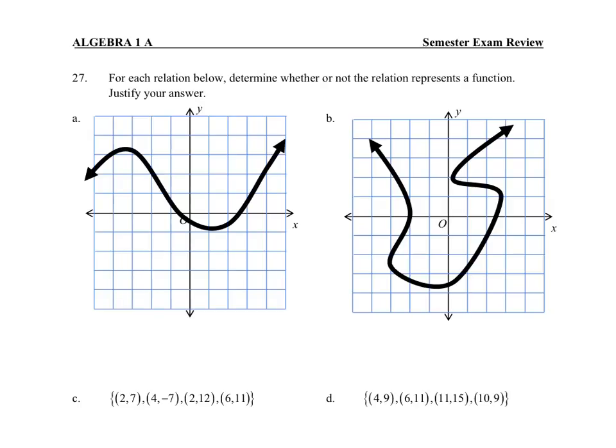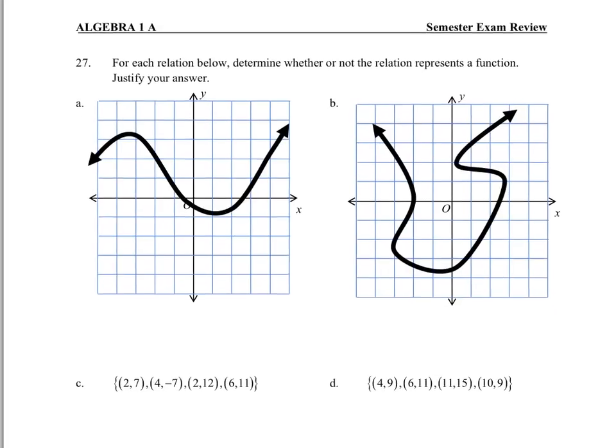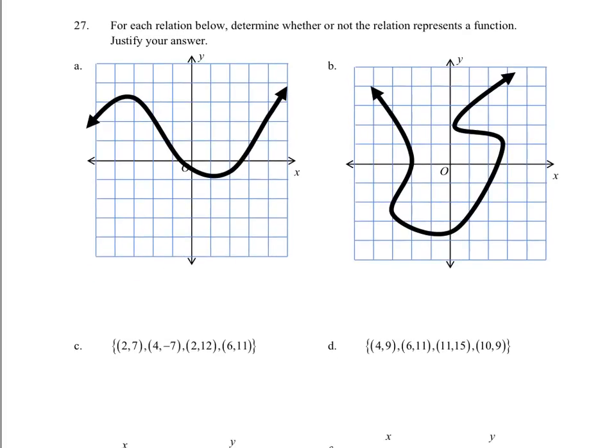27 says, for each relation below, determine whether or not the relation represents a function. Justify your answer. So, if we remember, the definition of a function is that for every x, there's only one y. So if we look at this graph, every x on here only has one y.